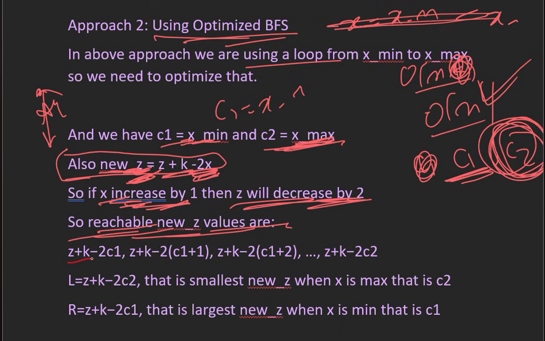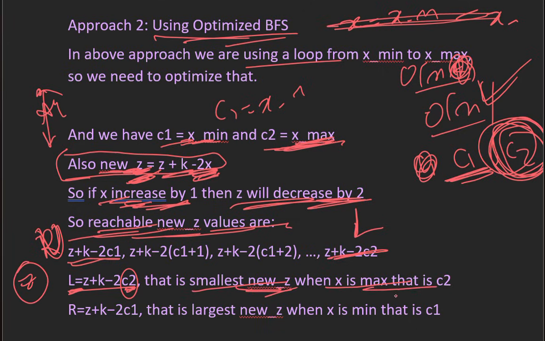So our range will be from z plus k minus 2c2. This will be the lower bound and the other will be the upper bound, or we can say right bound. So L is z plus k minus 2 into c2, where c2 is the maximum x. If we are subtracting the maximum x, then we get the minimum z, the smallest value of new z when x is the maximum, and R is the largest value of new z when x is minimum, that is c1.